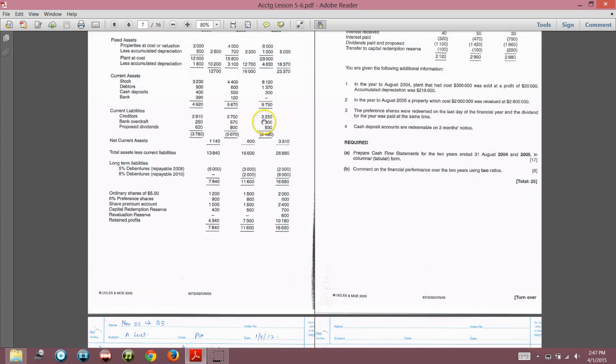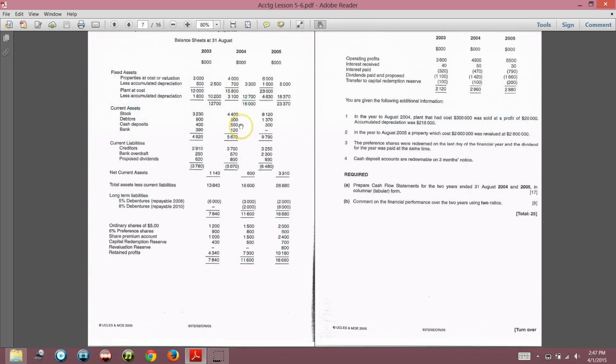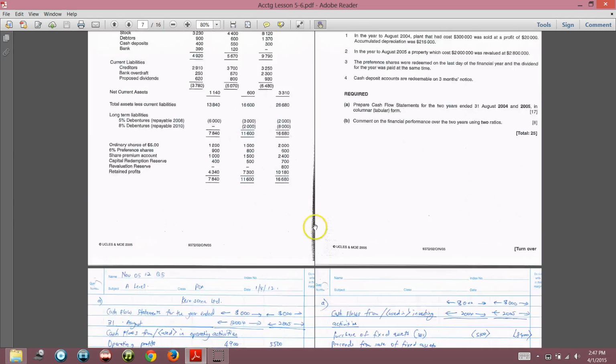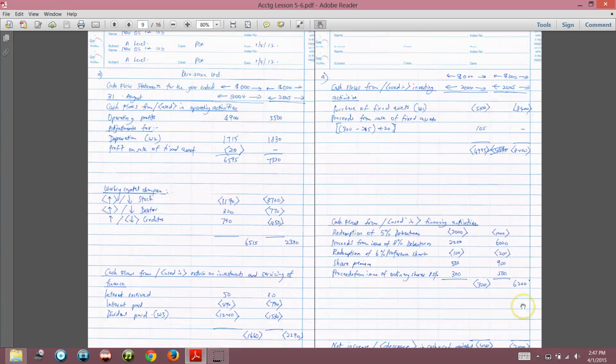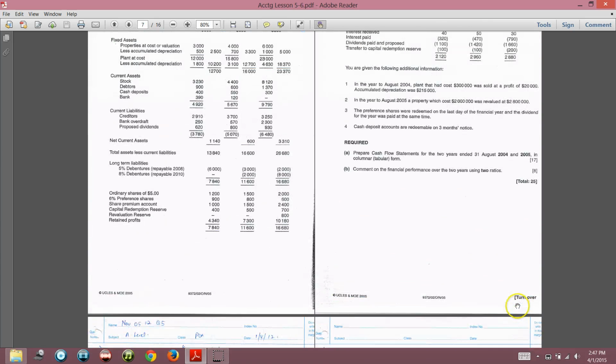Then this one, 2004, same. Cash and cash equivalent will be 550 plus 120 minus 570, which is equal to 100. So put in the cash flow here 100. So the end of the year will be the 2005 beginning of the year. So then 2005, what is the cash and cash equivalent?